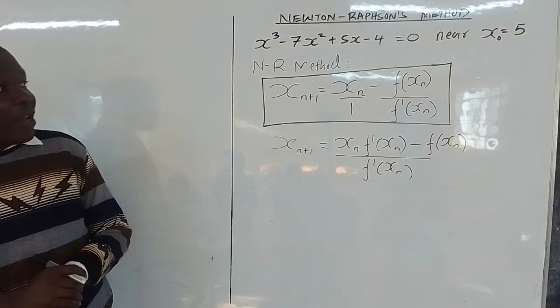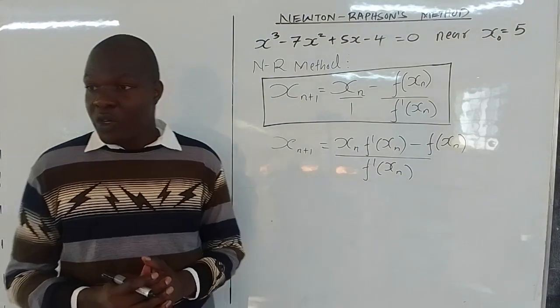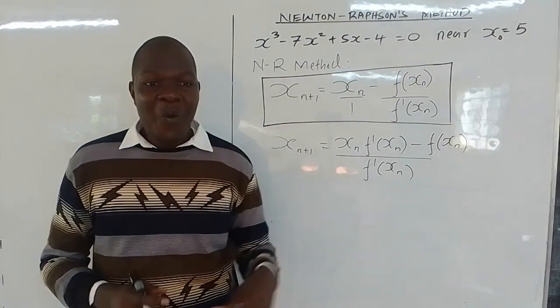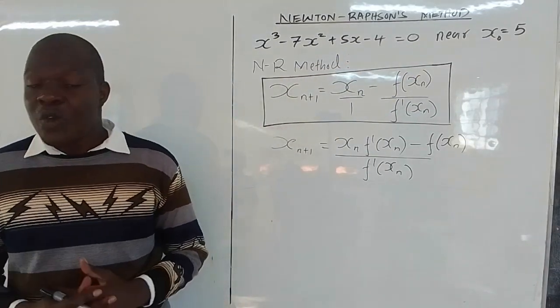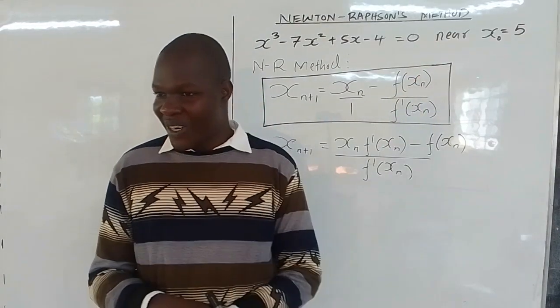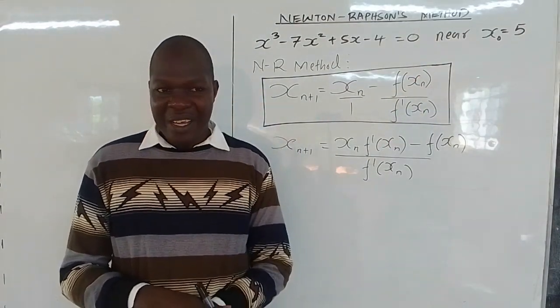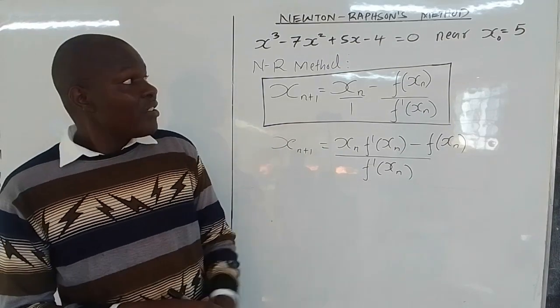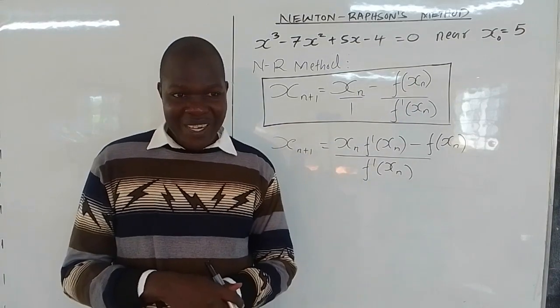When you are looking for a root of a function, because you'll be told to use Newton-Raphson's formula to solve this equation. When you are solving an equation, you are looking for its root. The root of an equation is a solution of an equation. Are you seeing that? Are we together? Meaning for you to get the root of an equation, it must be equated to 0. Are you seeing that?